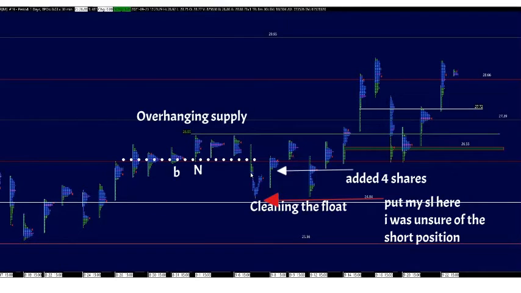So I knew that it was almost time for them to clean the float, because it seems like somebody is trying to control this inventory, right? I noticed that it wasn't trading in conjunction with how it usually trades. So instead of getting into a position like I normally would after the B profile on the normal distribution day, I decided against it.